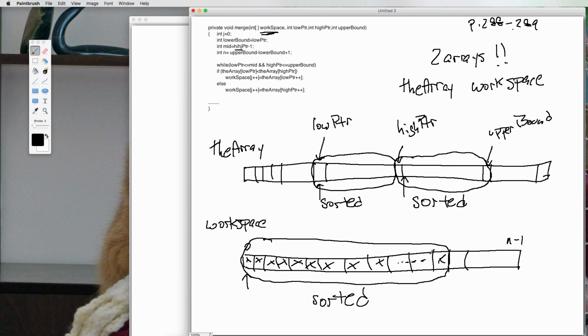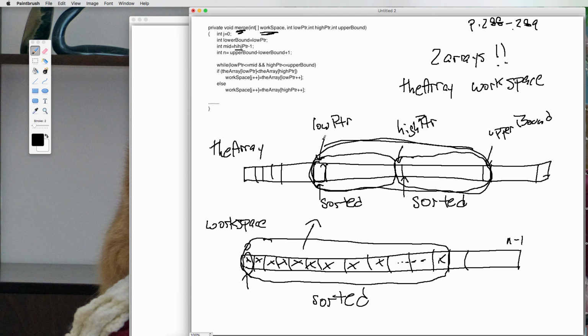And then what he does at the very end of this method, and I ask you to go take a look in your book, he takes this thing and starting right here, he starts copying it back over here, starting at this place here. So that when we're all done, this whole thing here is now sorted.